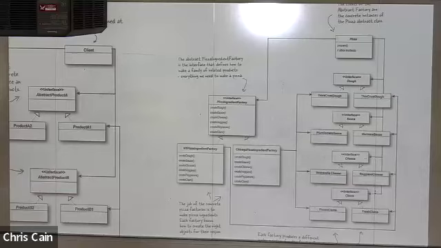And for each of the pizzas, we have interfaces for each of the different components of the pizza: the dough, the sauce, the cheese, and I guess the clams. And then we have concrete classes under that for the different kinds of dough, sauce, cheese, and clams.